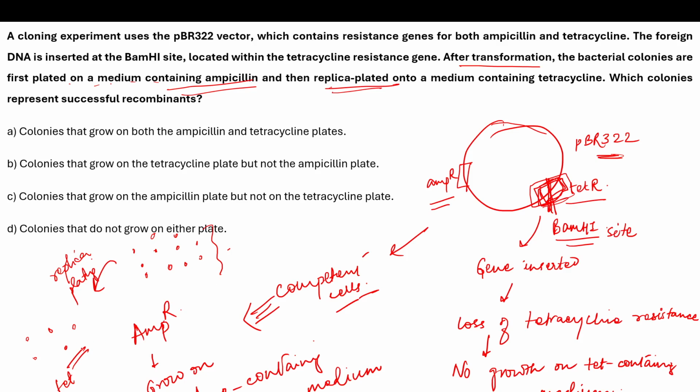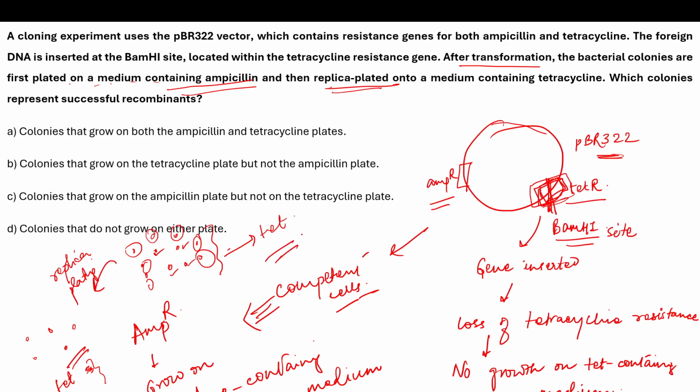So the ones which are able to grow in a tetracycline medium, those do not have the gene of interest at this particular position. So these are not the colonies of our interest. These are the ones which are the colonies of our interest, which did not grow on tetracycline containing medium.